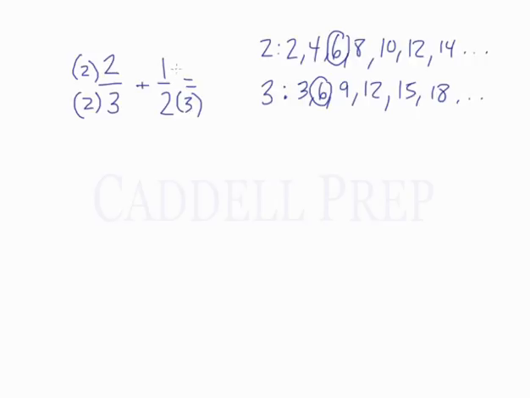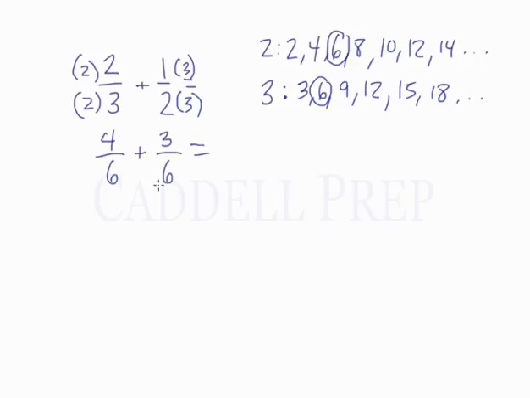So we also have to multiply this numerator by 3. So now we get 2 times 2 is 4, over 2 times 3, which is 6, plus 1 times 3, which is 3, and 2 times 3, which is 6, of course, because we wanted them to be 6.